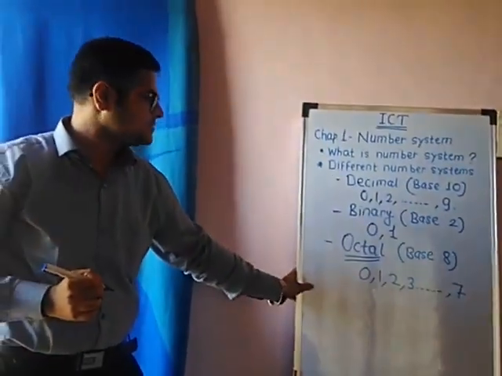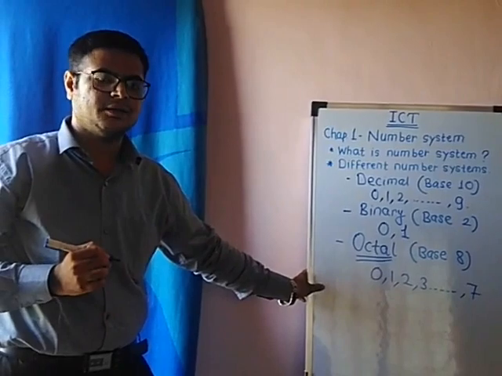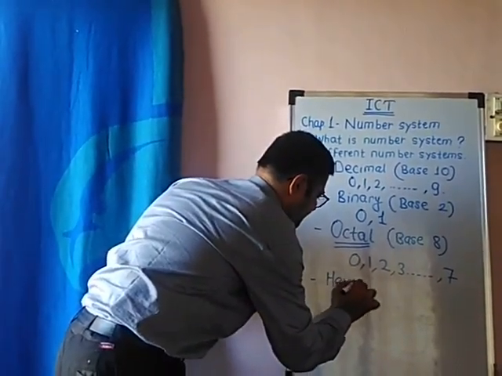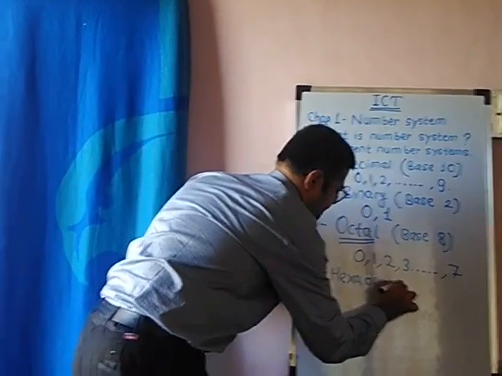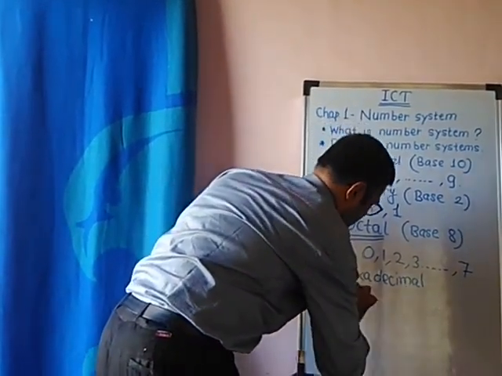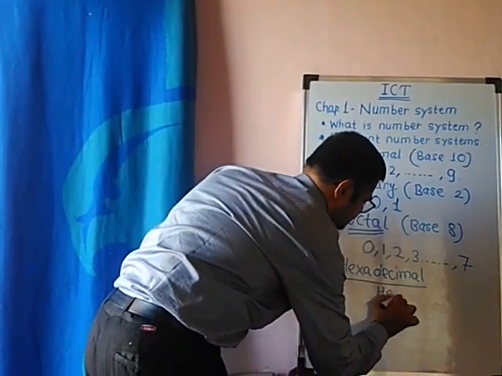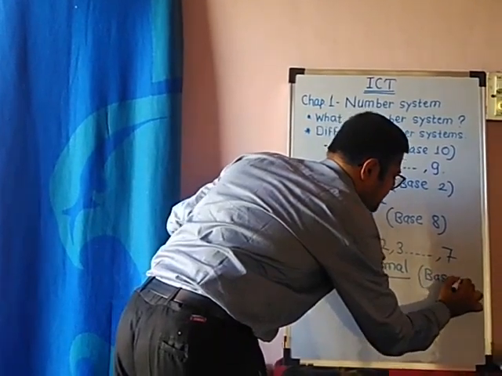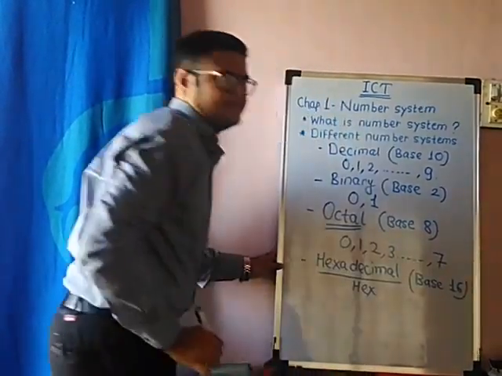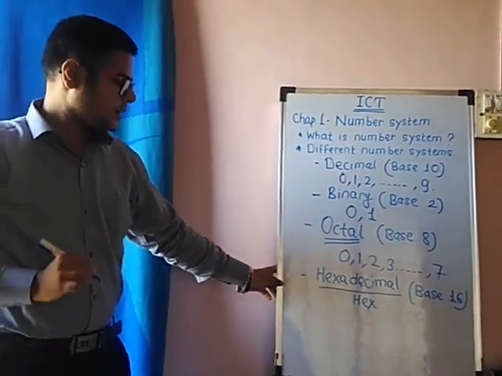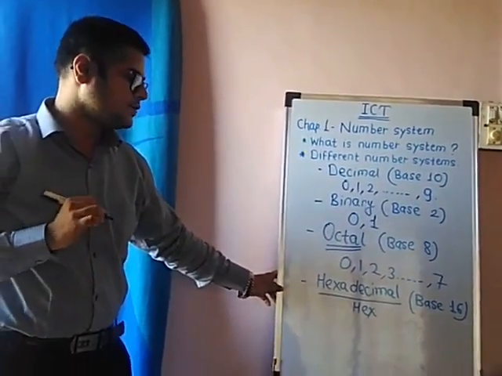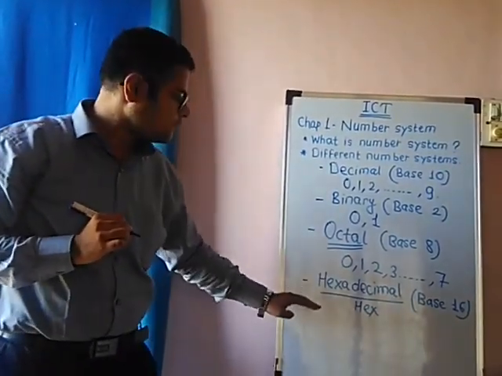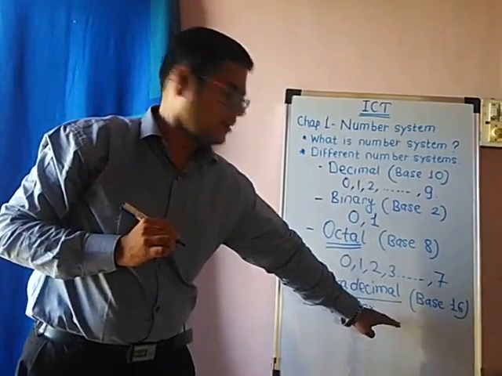Now the last number system is the hexadecimal number system. It is also called as hex number system. And the base of this number system is 16. So, can you tell me how many numbers it includes? Yes, it includes 16 numbers, but not from 0 to 15. Then how?